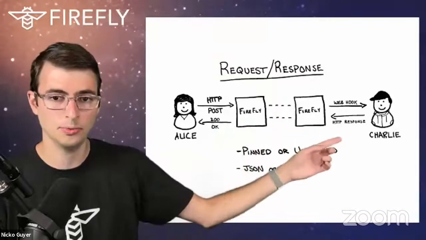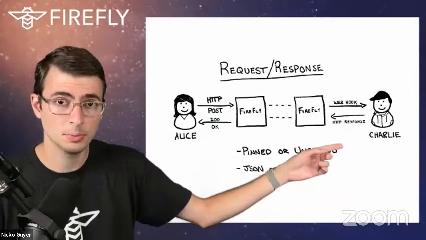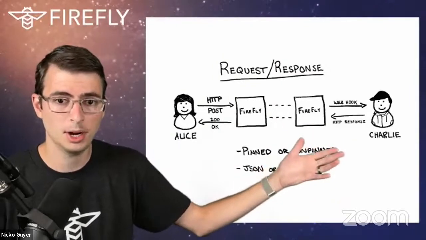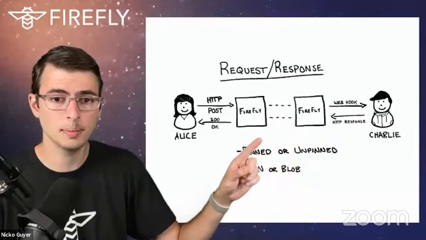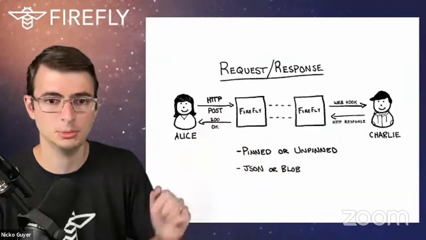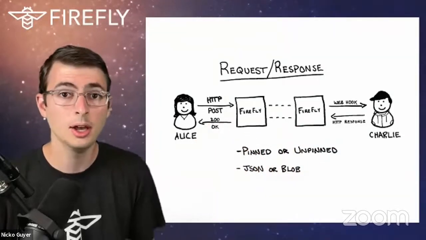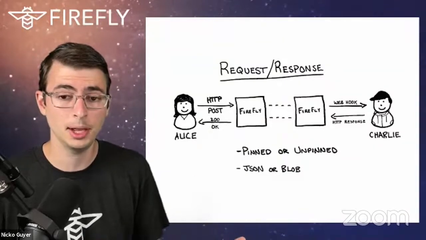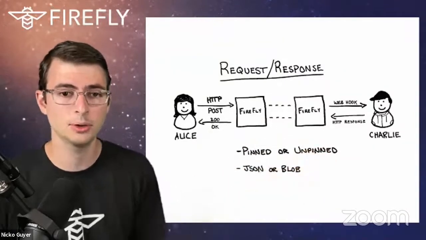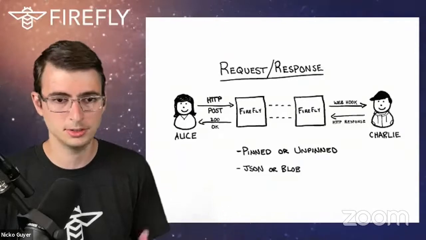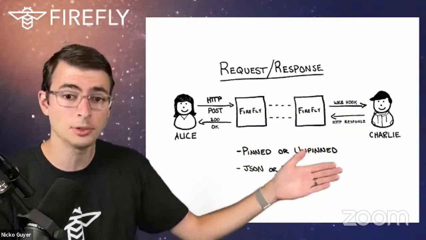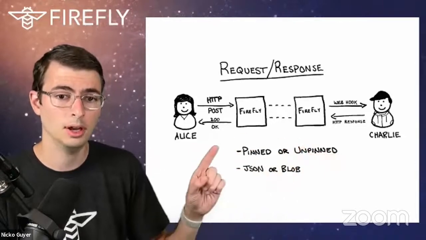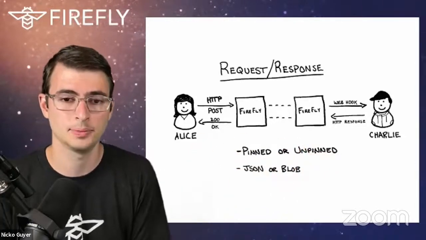But as long as there's something on the other end that responds with an HTTP response, Charlie's Firefly node will wrap that up. It will send it back to Alice's node, and then she will get the 200 OK with the payload of whatever Charlie sent. So that's the request response model. You can see how it's obviously going to be higher latency because there's a whole bunch more hops involved until the response comes back to Alice.